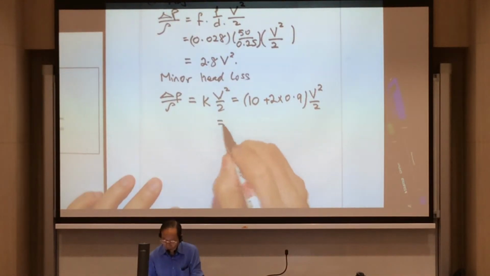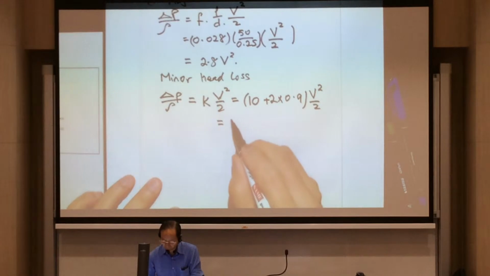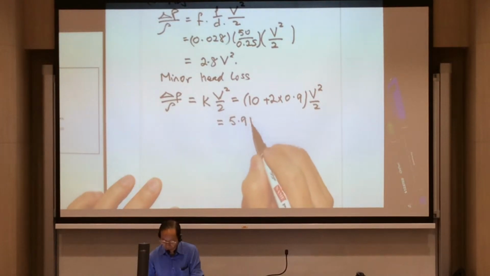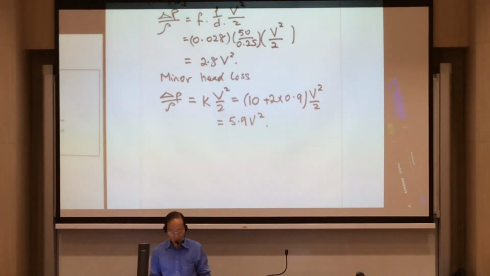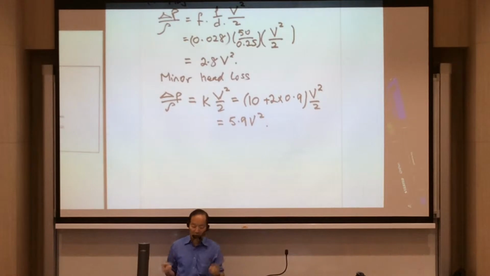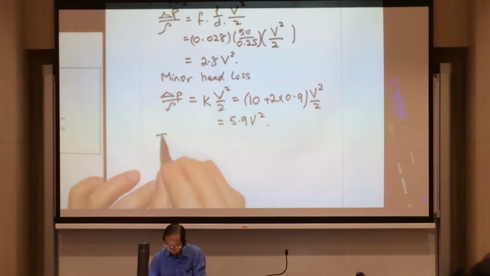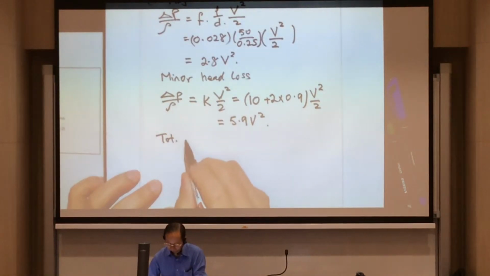So here we got another expression involving V squared. So we can find 0.9 V squared. This is related to minor loss. We got a major loss and we got a minor loss. So what's the total loss? Total head loss.